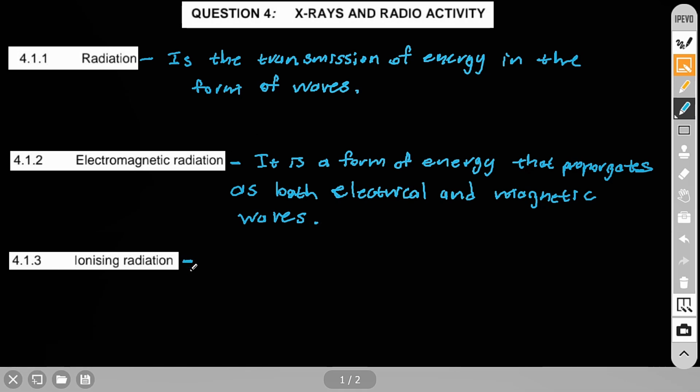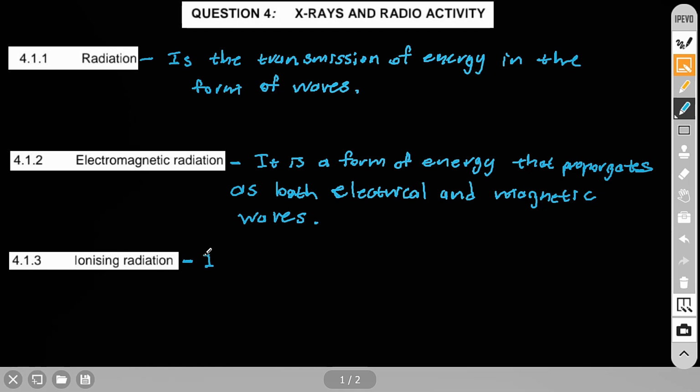And then now ionizing radiation. It is the radiation with enough energy to remove electrons from the orbit of an atom.